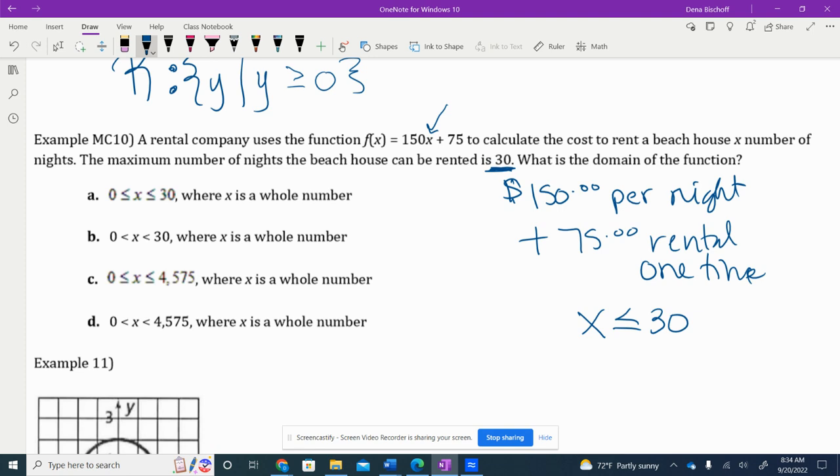So what do you think it is? What example choice do you want to choose, A or B? A. What is this number representing right here? That's not my domain. That's my range. Yeah, they're trying to trick you. This is a range value.